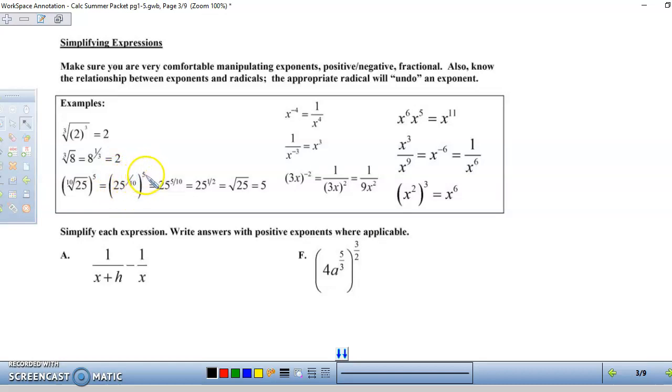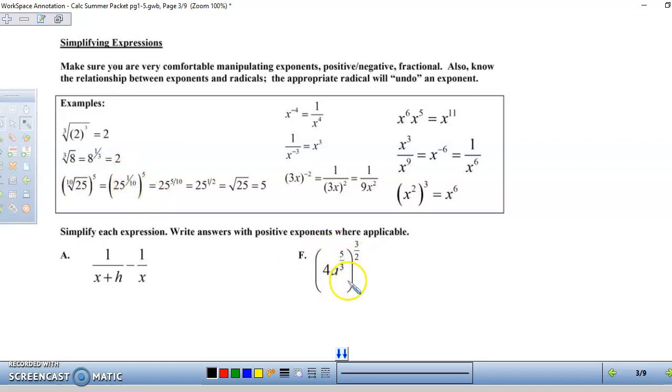When you are doing power to a power, you multiply the powers, so you end up with 25 to the 5/10 power, which obviously reduces to 1/2, which is square root of 25, which is 5. But the main thing is the roots turn into fractional exponents.